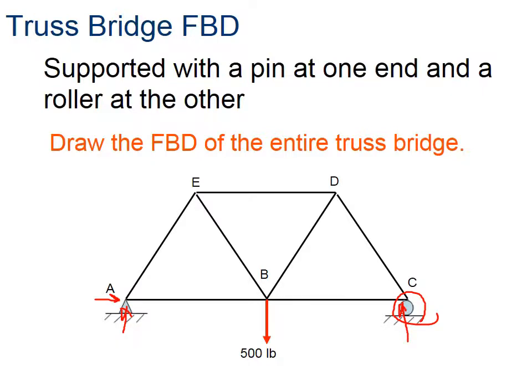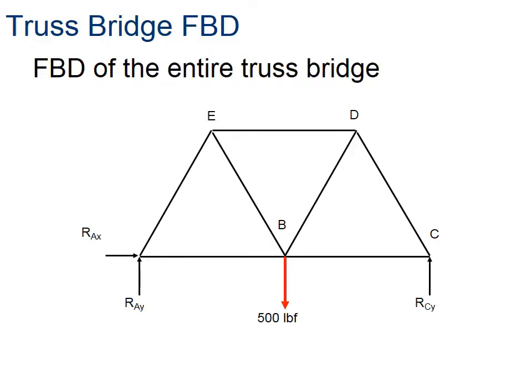So when we draw a free body diagram, here is what that looks like. Everything is in the positive direction. There are no moments anywhere because there is no cantilever. So the next step is to look at calculating what some of these forces are. We're going to talk about that in the next few videos.